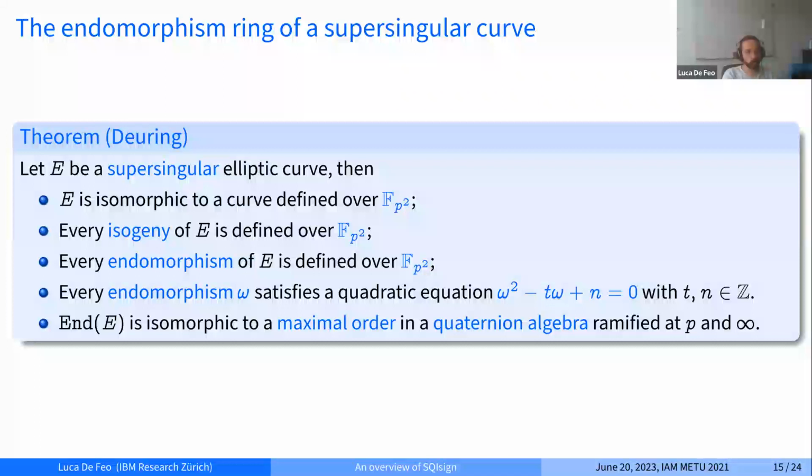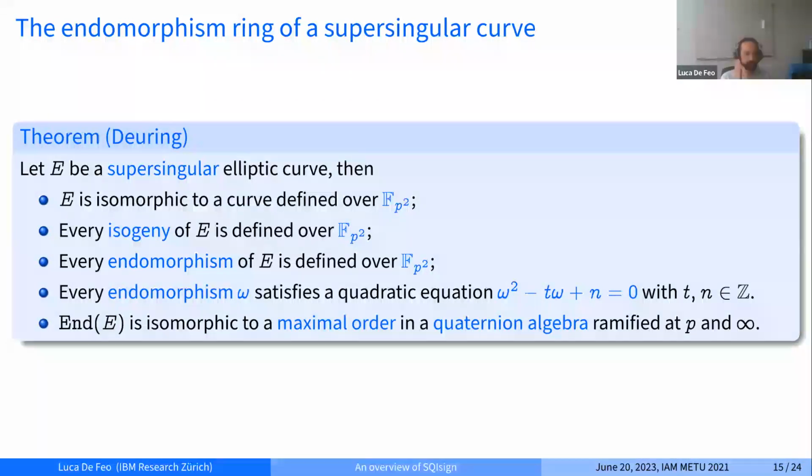What does it mean to do omega plus alpha, for example? Well, it means I take a point, I evaluate omega on it, then I evaluate alpha on it, then I take the results and I add them together. So this is omega plus alpha. So clearly the endomorphisms behave like a ring where you have a well-defined multiplication and a well-defined addition. And now you're interested in what's the ring structure of these endomorphisms.